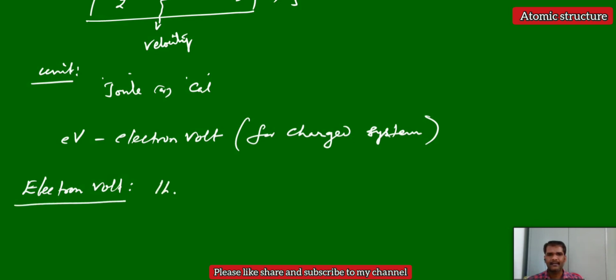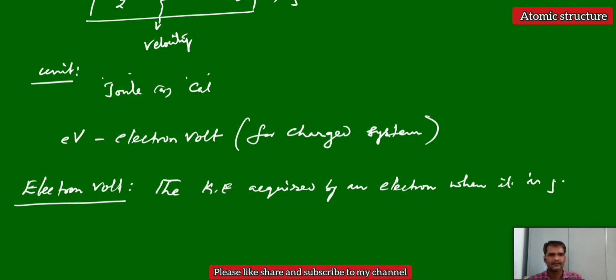It is the kinetic energy acquired or gained by an electron when it is placed in a potential difference of 1 volt.